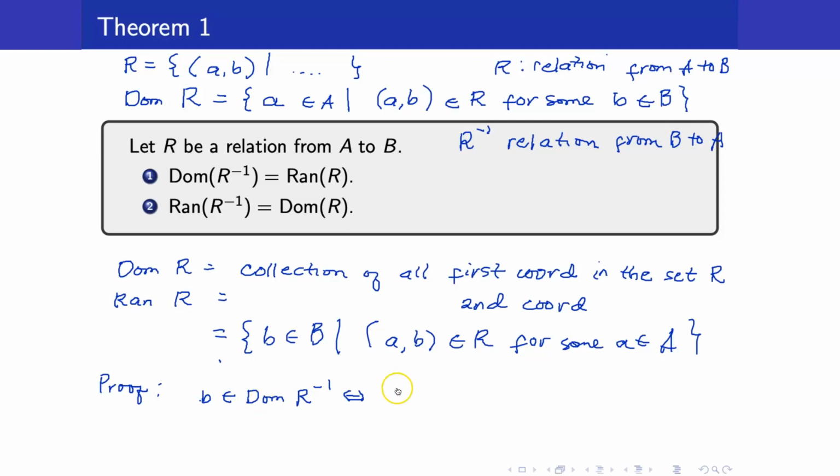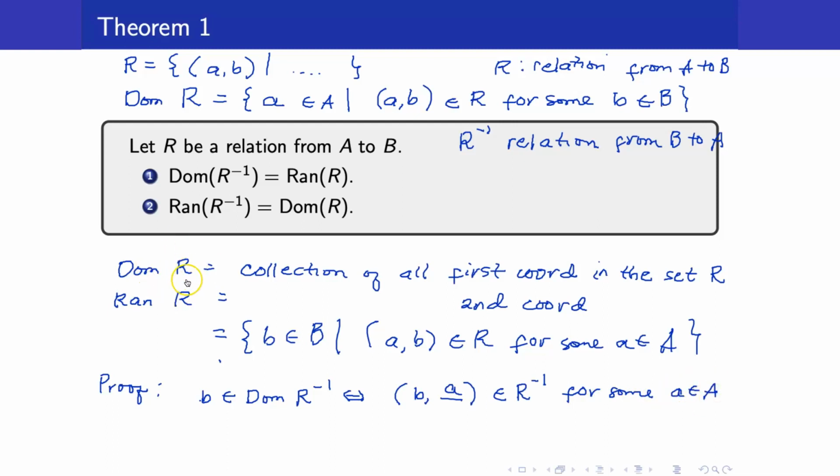It means that you are a first coordinate of a pair in R inverse, correct? You belong in the domain, so that means you are a first coordinate, so therefore you have to have a second coordinate. So (b, a) is an element of R inverse for some a in capital A.